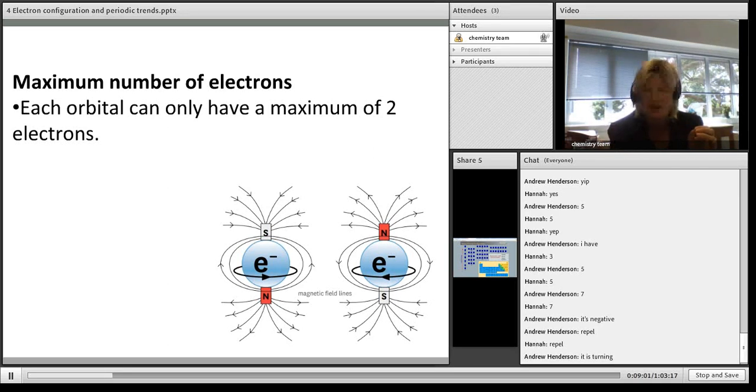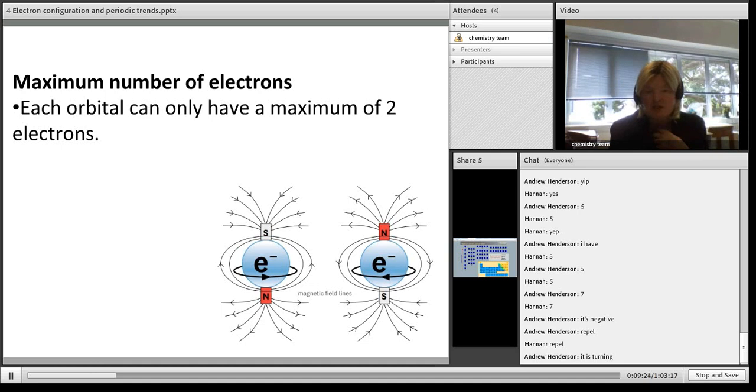It's not just orbiting, it's spinning. And electrons do exactly the same thing. Now, electrons, because they are charged, if you've done any physics, a moving charge will create a magnetic field. So because the electron is spinning, it actually acts like a little magnet.